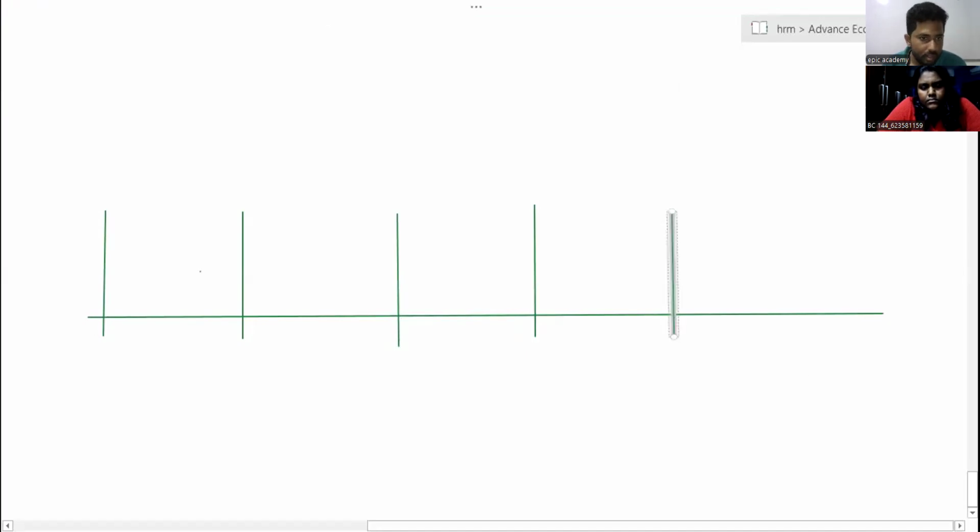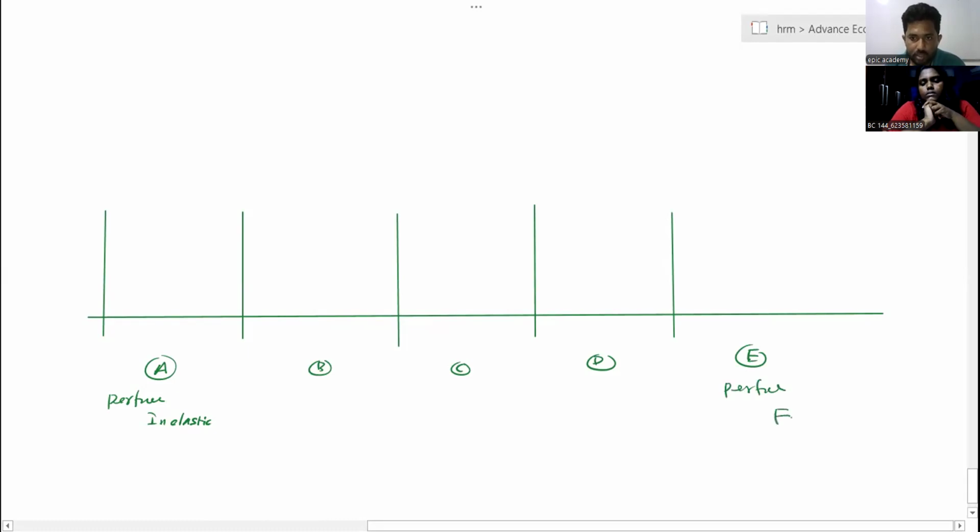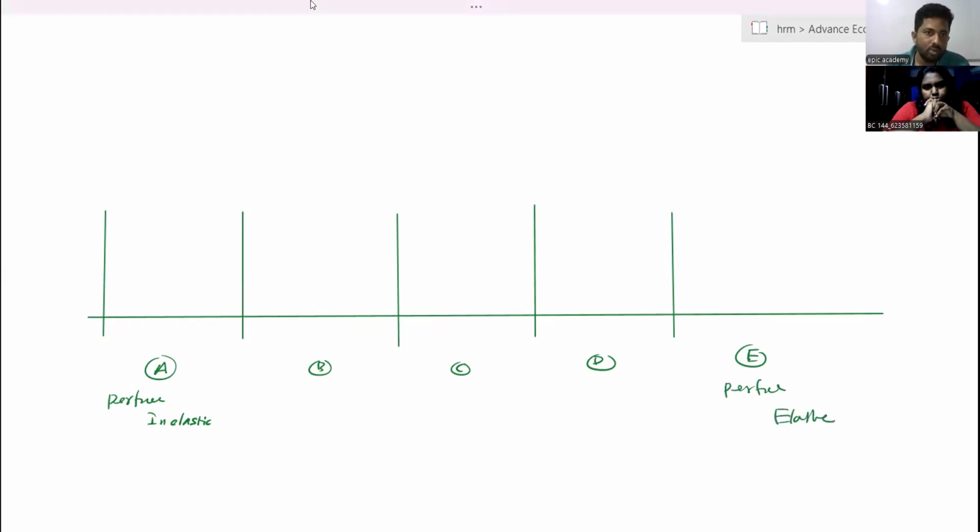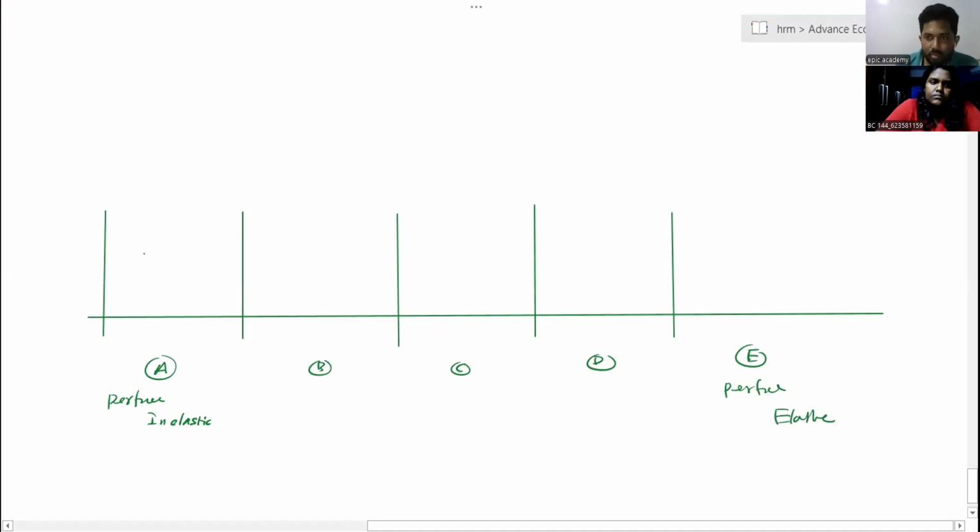Just consider curve A represents perfect inelastic. A, B, C, D, E. E represents perfect elastic. So now you can identify how the curves become like that.